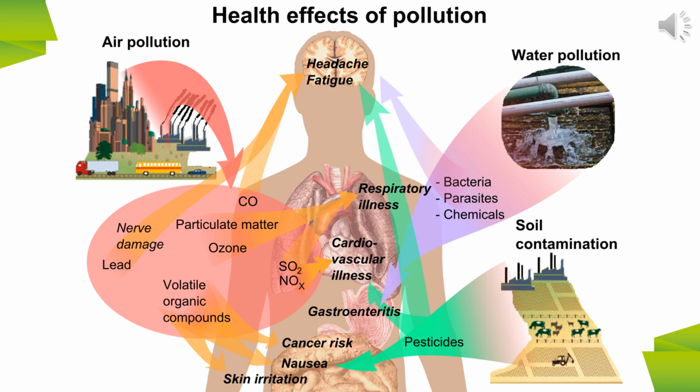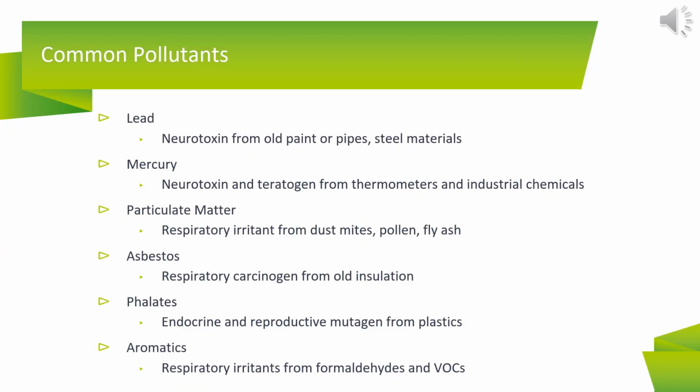Some of our soil contamination is really going to affect that digestive system. Your particulate matter, all of those air pollutants are going to be largely involved with damage to the nervous system, the respiratory system, and the cardiovascular system.